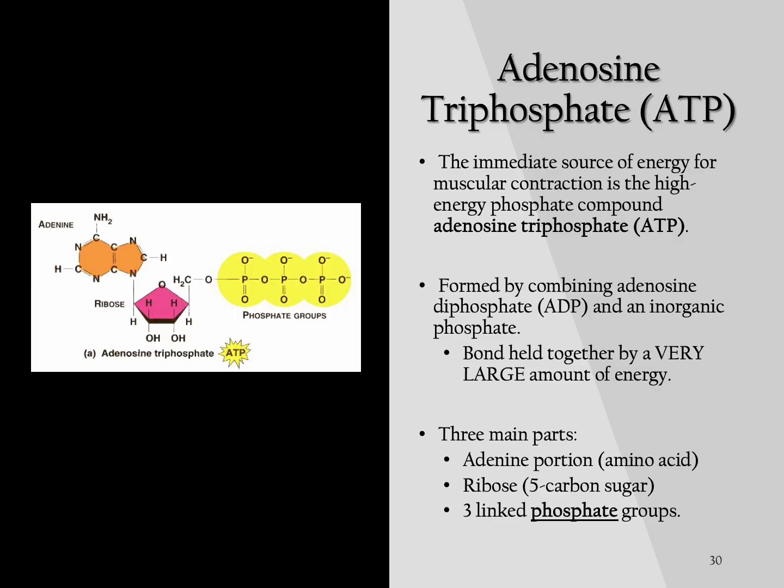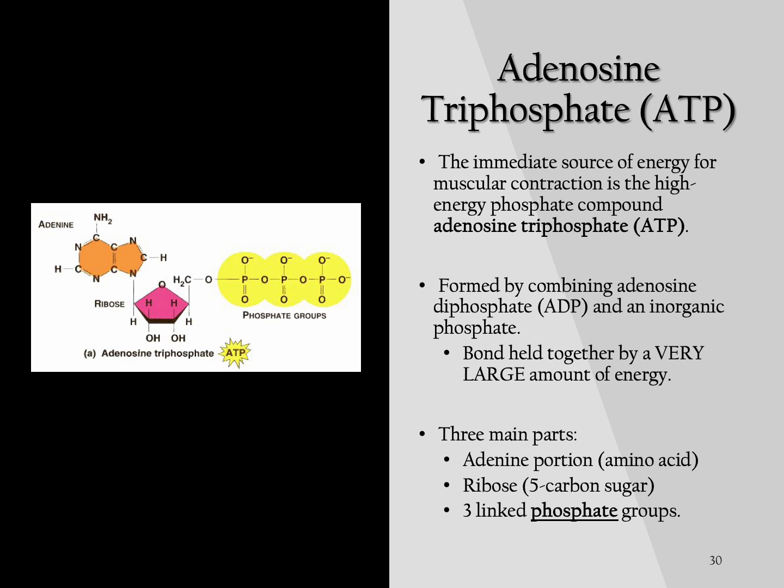So let's talk ATP, adenosine triphosphate. This is the immediate source of energy for muscular contraction, a high energy phosphate compound. Energy transfer in the body occurs via the release of energy trapped within chemical bonds of various molecules. ATP is formed by combining adenosine diphosphate, ADP, and an inorganic phosphate. The bond is held together by a very large amount of energy.